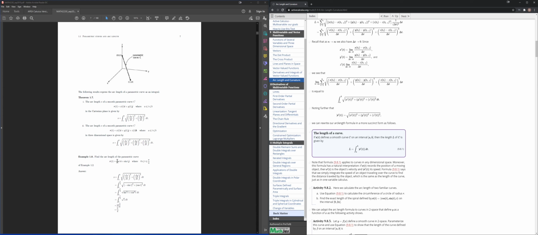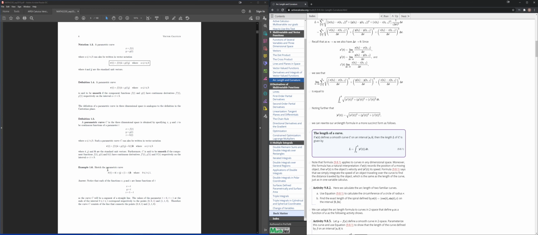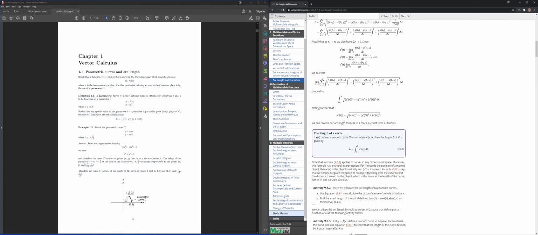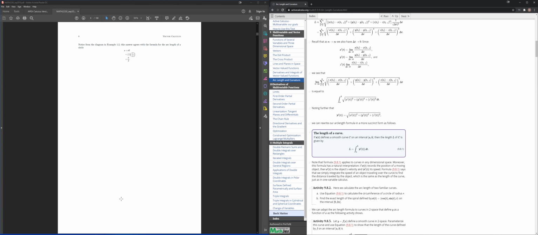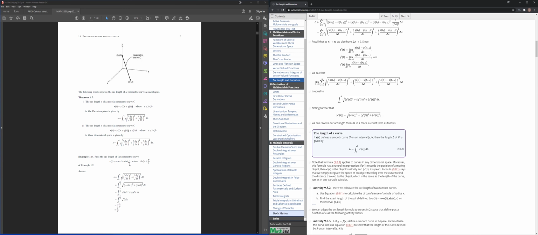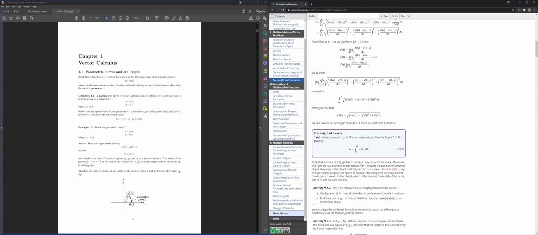We looked at something very similar to that. The sketch of it is given on page 5 here. So it's this parametric curve going from (1, 0) to (1 on root 2, 1 on root 2), right? Okay, so what we want to do is get the arc length over here, right?